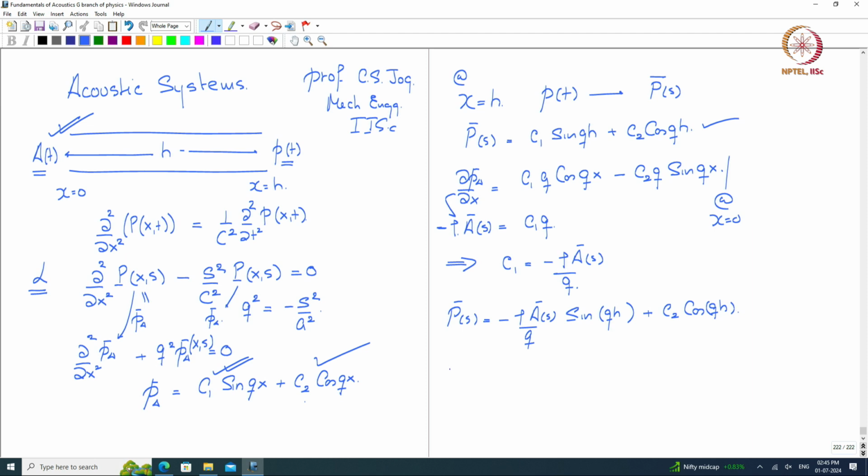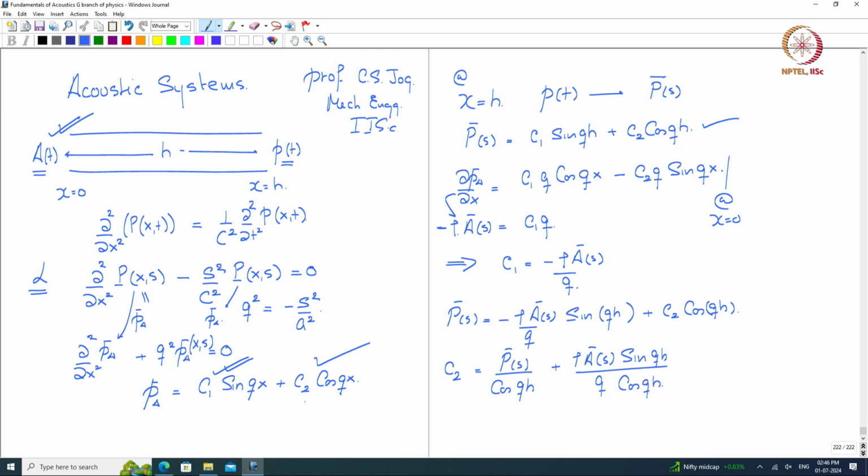From here, c2 turns out to be p bar of s by cos qh plus rho a bar of s sin qh by q cos qh.